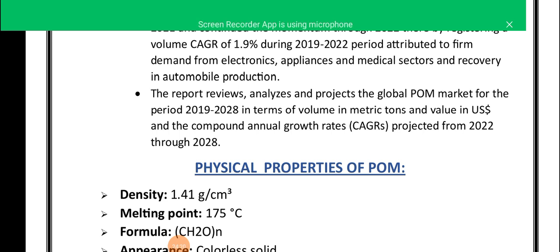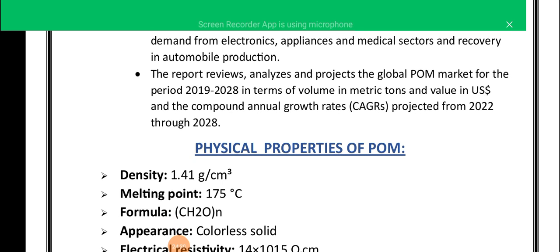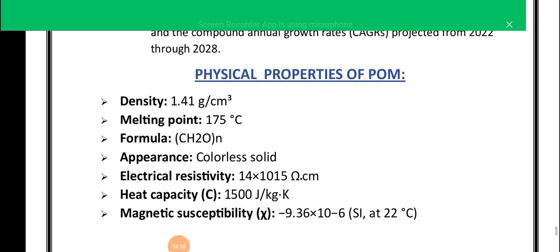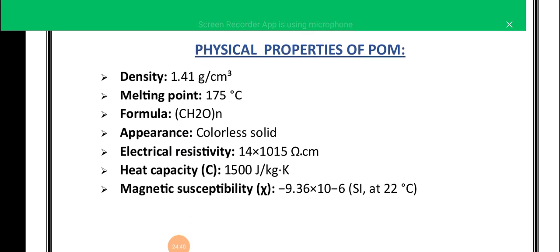The report reviews, analyzes, and projects the global POM market for the period 2019 to 2028 in terms of volume in metric tons and value in US dollars, and the compound annual growth rates projected from 2022 through 2028.